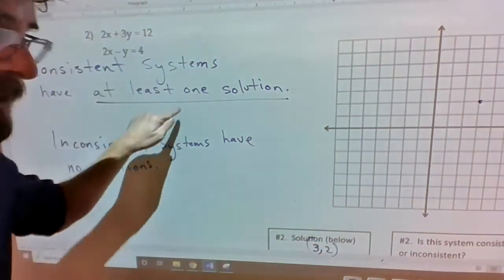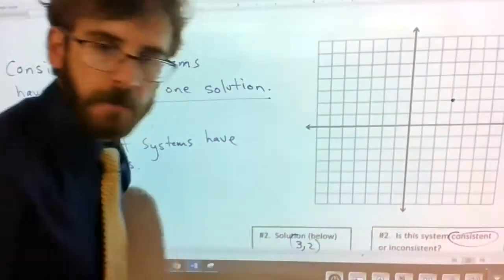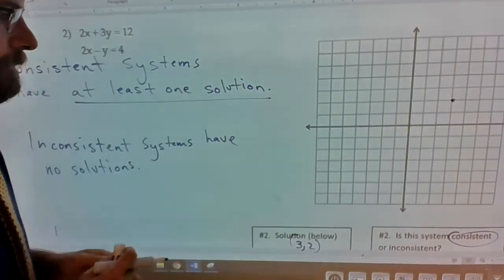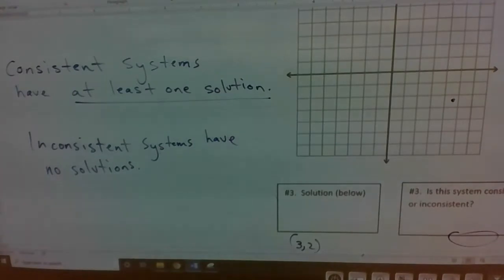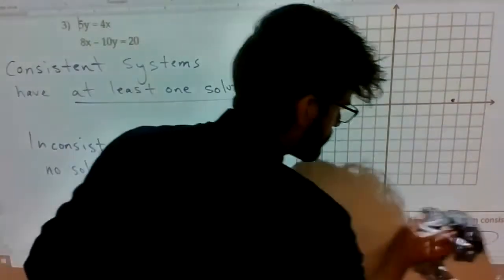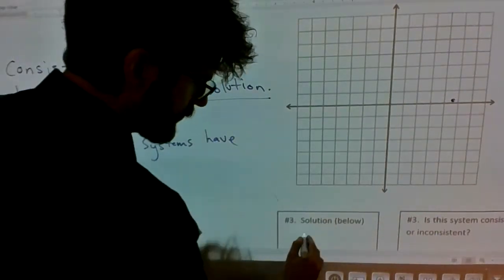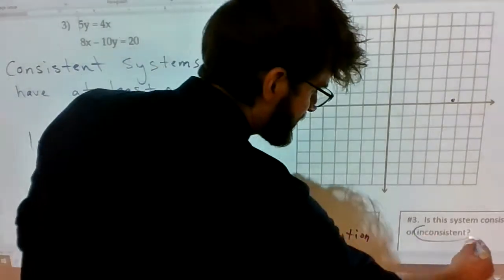That is one solution. Therefore, it is consistent. Number 3, there were no solutions because they were parallel lines. If it's no solution, then we would say it is inconsistent.